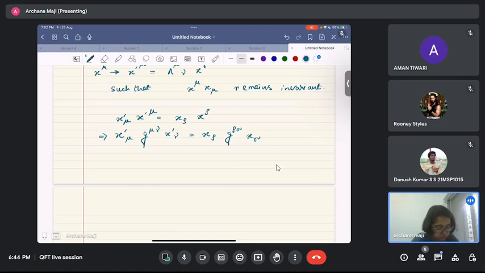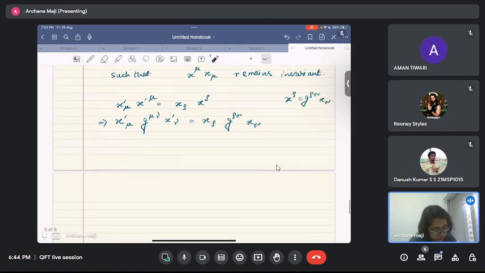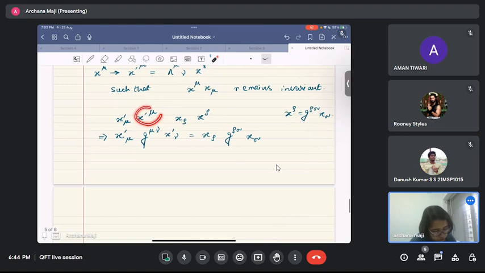So this x rho I'm replacing by g rho sigma x sigma, where g is the metric which lowers and raises the indices. Same thing I have done on the left hand side. This x prime nu I have replaced by g mu nu x prime nu.